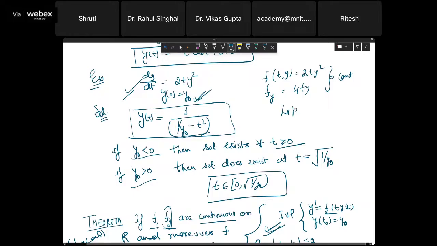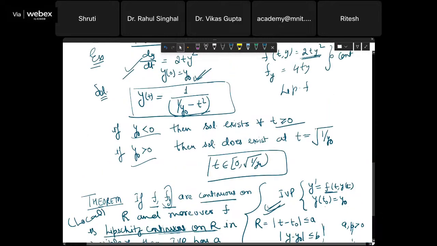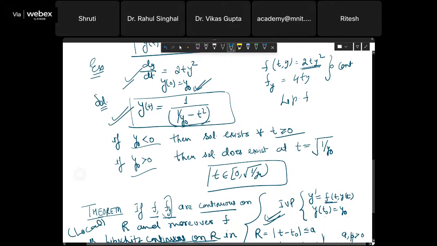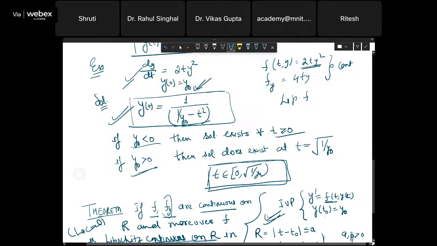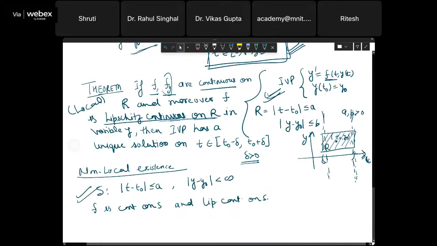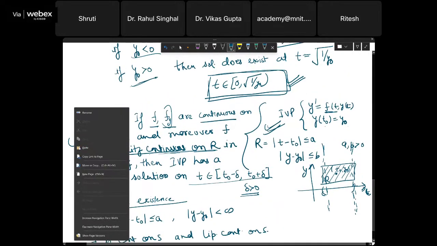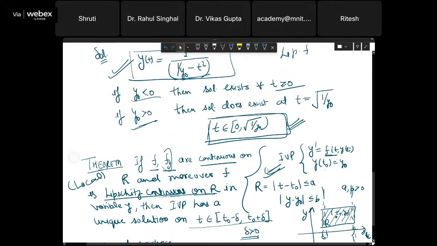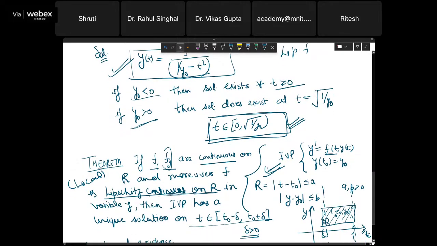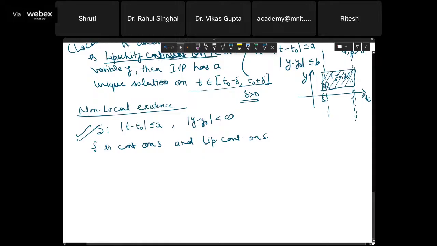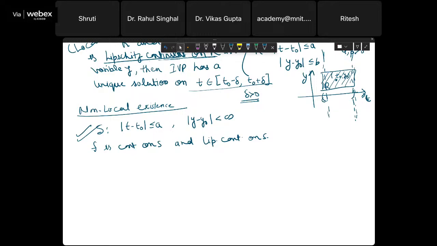But if you check the Lipschitz continuity of f, which holds here for this problem, then we can guarantee the existence of the unique solution. In case y naught is given as a positive value, we have the solution only on a small interval. So in the small interval, it is guaranteed to have the unique solution. From this example you can see the application of this result.